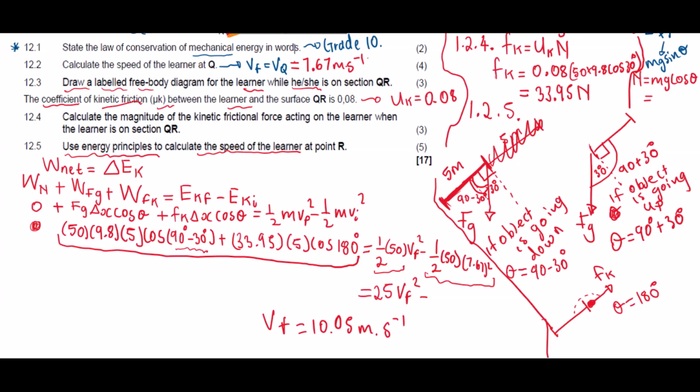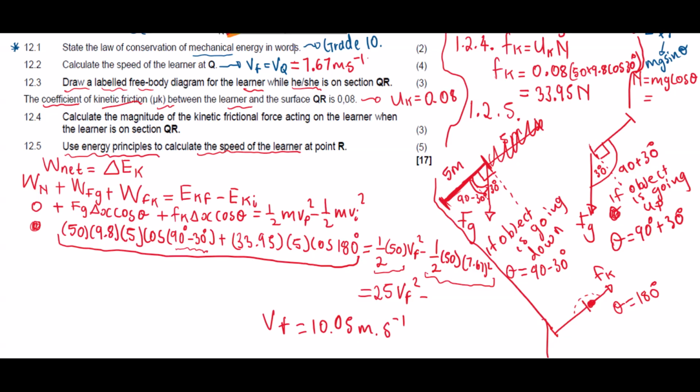It's 50 times 9.8 times 5, the cos of 90 minus 30, plus 33.95 times 5 cos 180. And then you add it with the answer you got from this side.